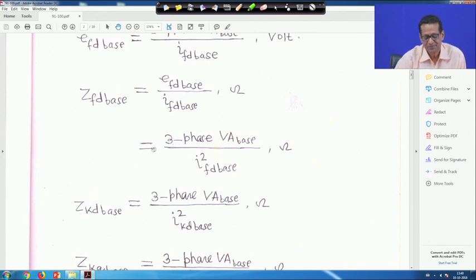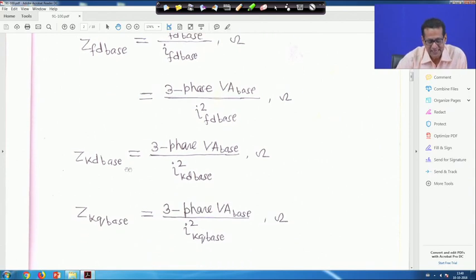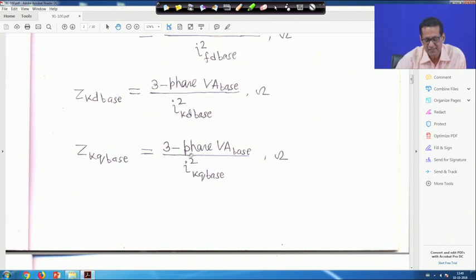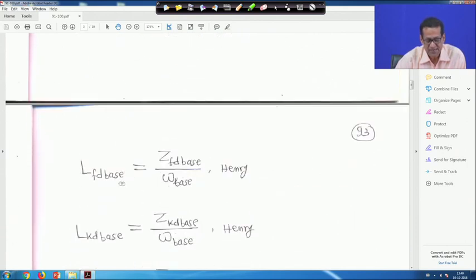So this is a summary. ZKD base is equal to 3-phase volt ampere base upon IKD base squared. This is ohm. ZKQ base is equal to 3-phase volt ampere base upon IKQ base squared. This is ohm. LFD base is equal to ZFD base upon omega base. This is Henry.